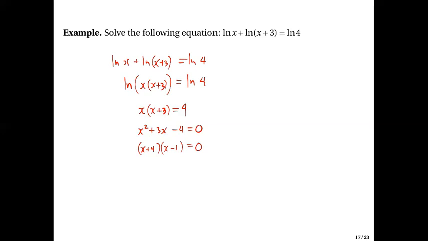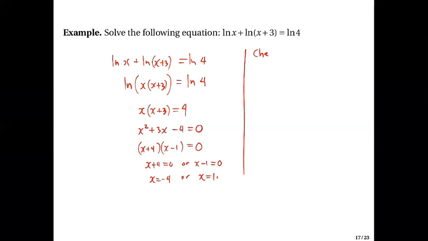But what does this mean? X plus 4 equals 0, or x minus 1 equals 0, which means you have x equals minus 4 or x equals 1. Now, we do the checking.